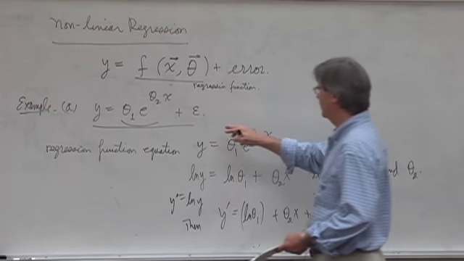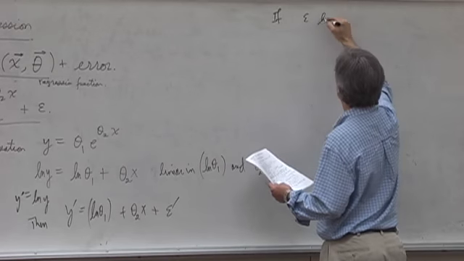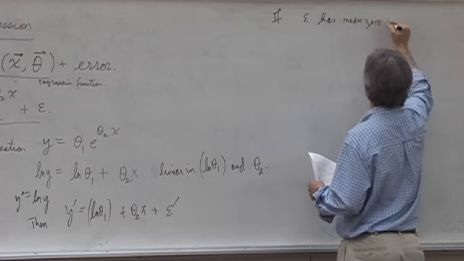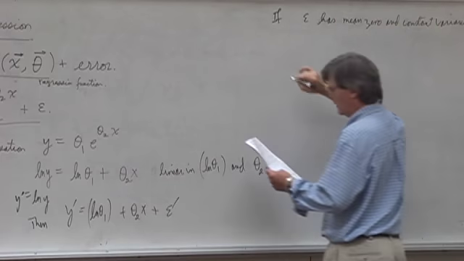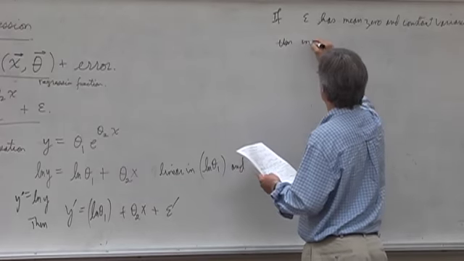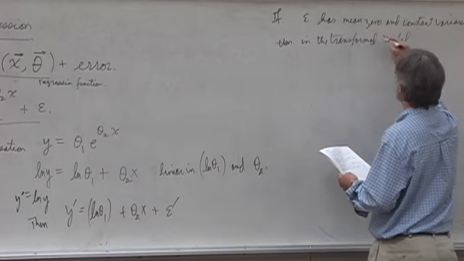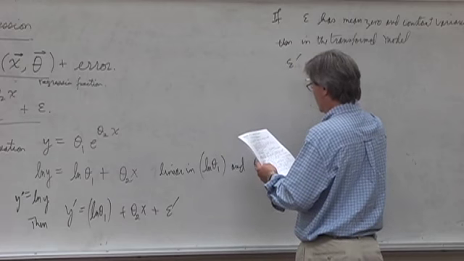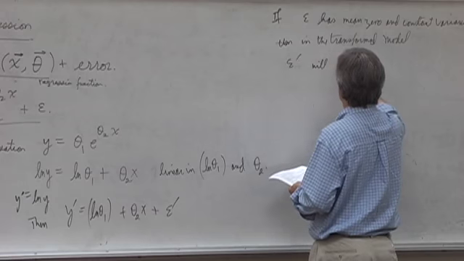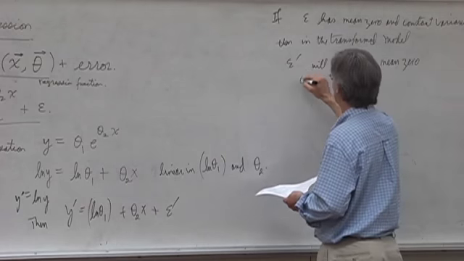But because I don't have any obvious relationship between epsilon and epsilon prime, what we can say is this: if epsilon has mean zero and constant variance, sigma squared we call that, then in the transformed model, epsilon prime will not have mean zero, and will not have constant variance.